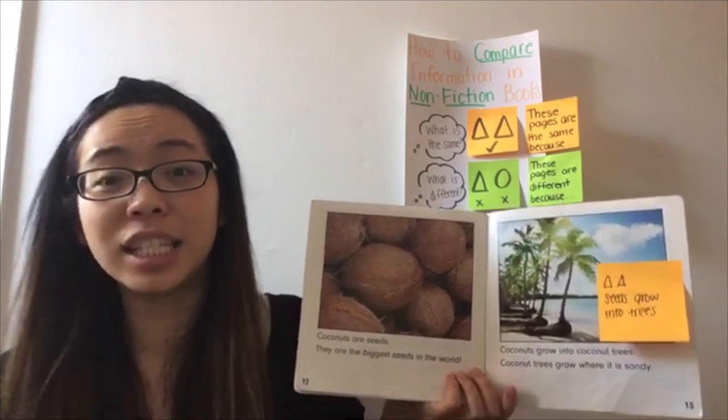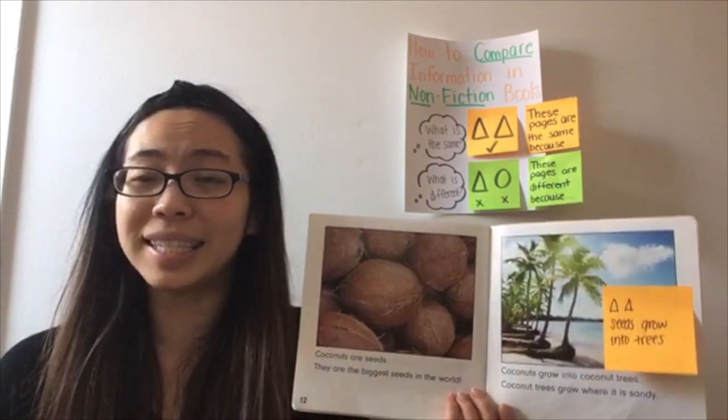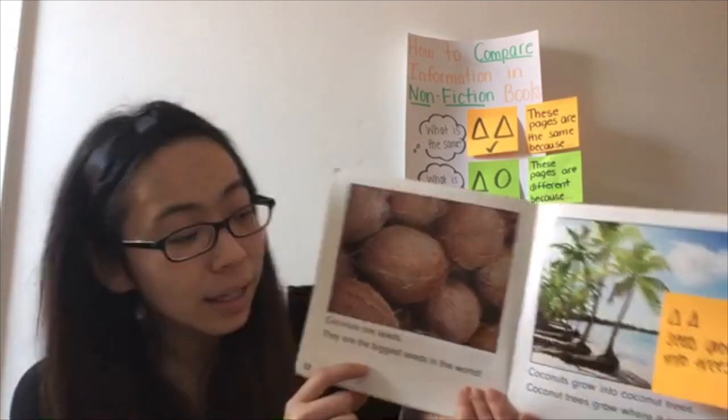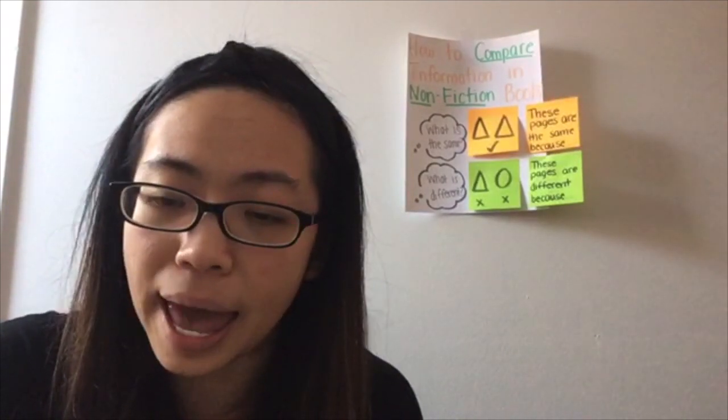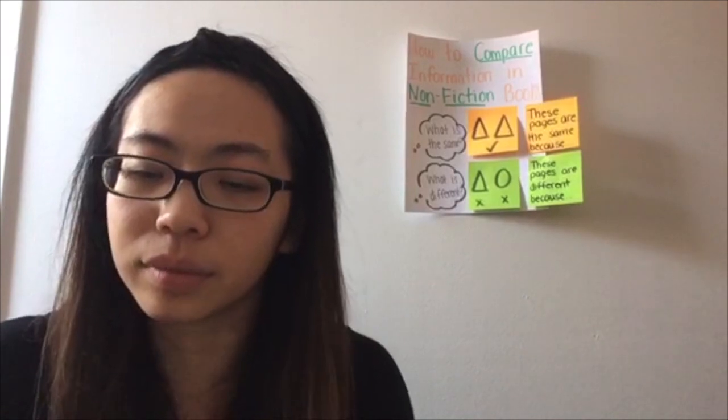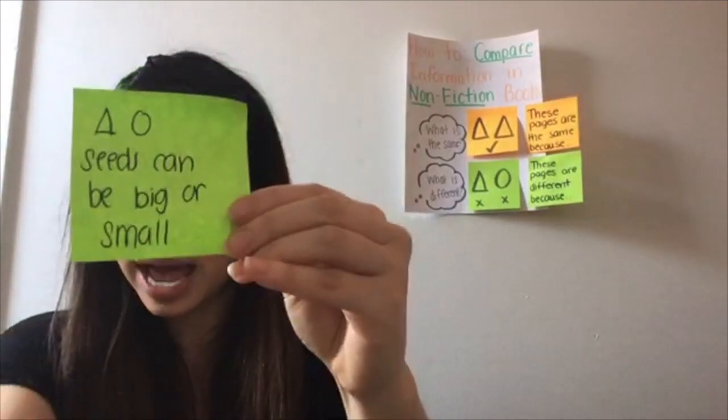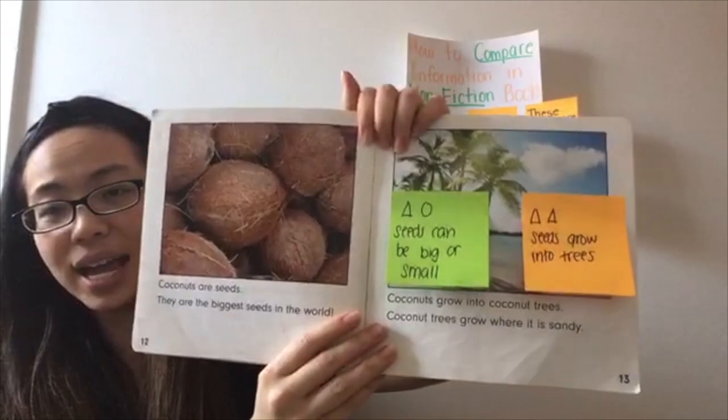Right, maybe you can say these pages are different because seeds can be big, like coconuts, or they can be small, like acorns. That could be a difference. Seeds can be big or small. And that is what I have here, and I'm going to put it right in the book to show a difference that you found, just like that.